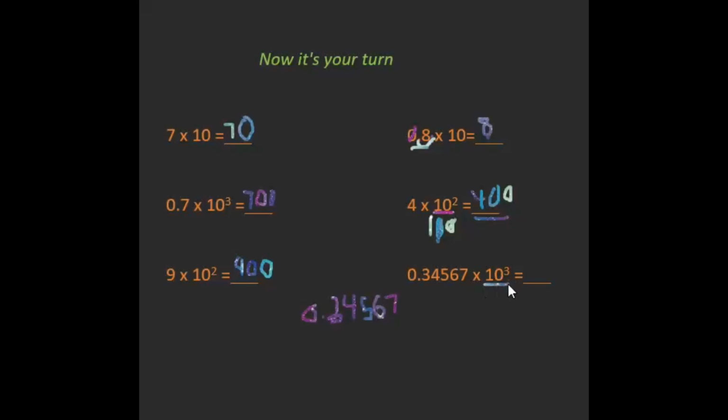We know that 10 to the power of 3 is 1000. And we know that the decimal point moves by the powers of 10. So let's move it. 10, 100, and 1000.